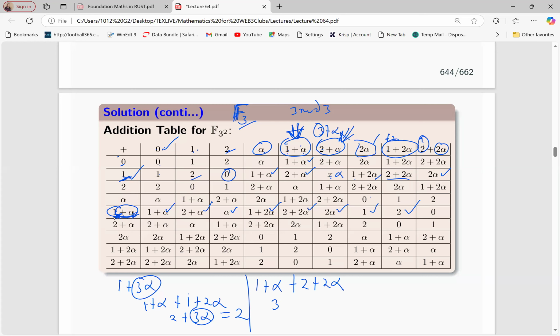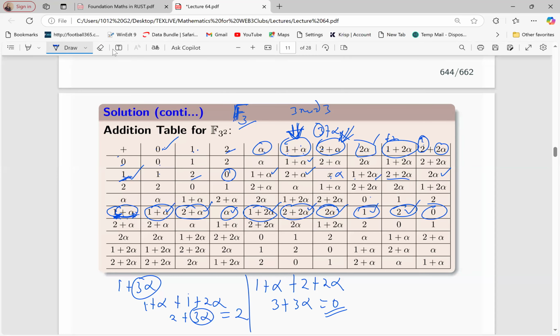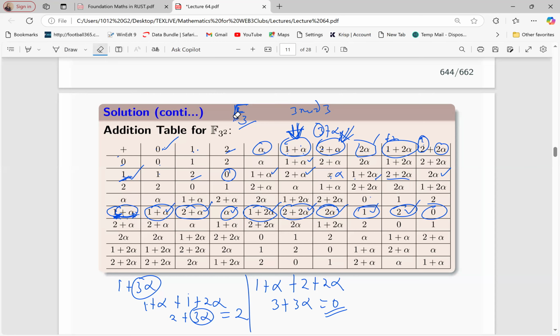This gives you 3 plus 3 alpha, and each of them gives you 0, because you are doing it mod 3. And you can see that every time you are doing that, you get elements of the set. Nothing is coming outside. So this set is therefore closed, as we always say. Every time you add any 2 elements of this set, you get another element of the set. So we say, therefore, it's a closed set.